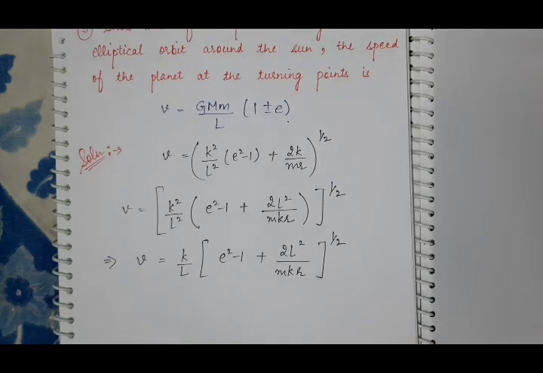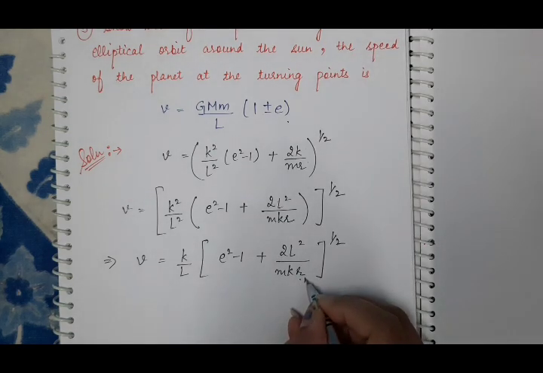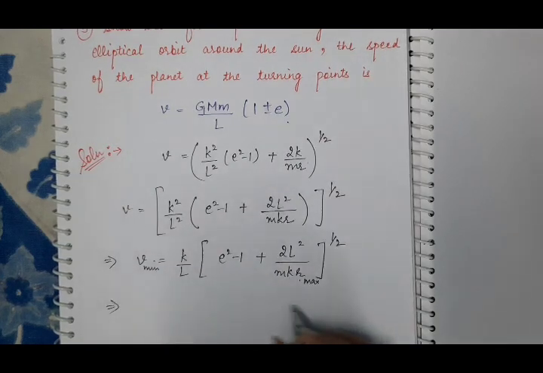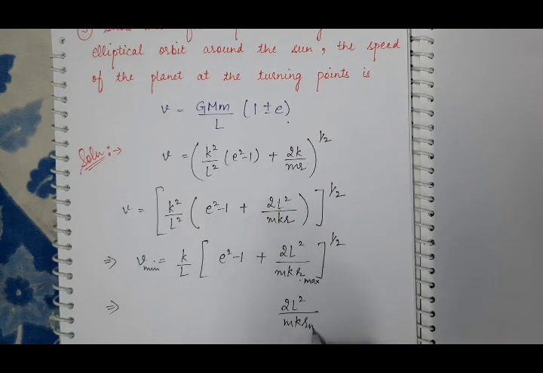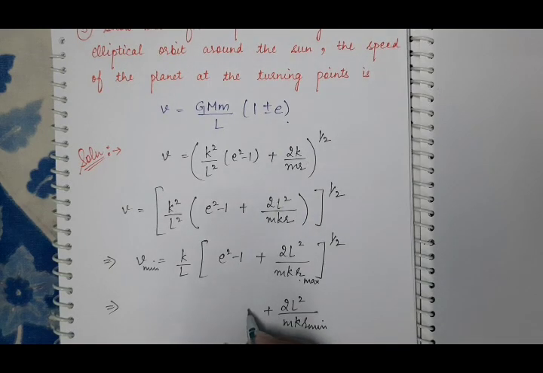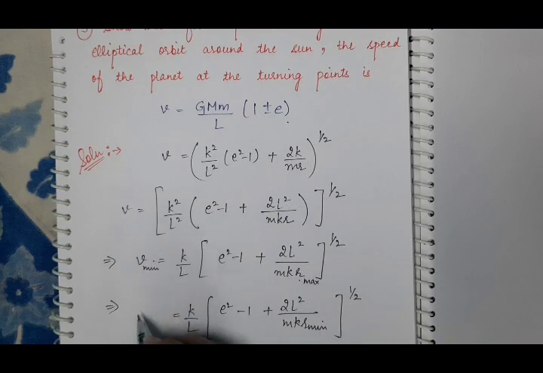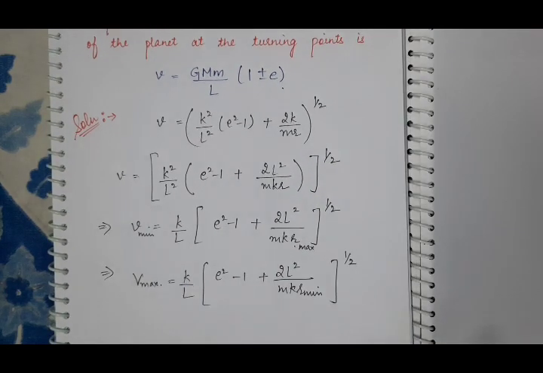Now this V and R are inversely proportional to each other. When this R will be maximum, V will be minimum, and when R will be minimum, V will be maximum. What is the expression of R in terms of eccentricity?